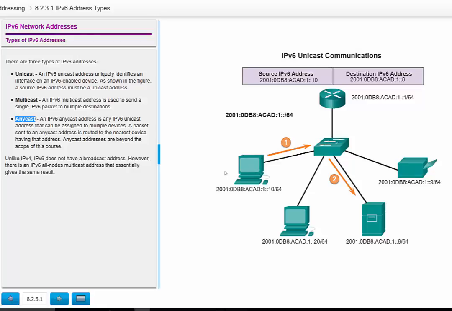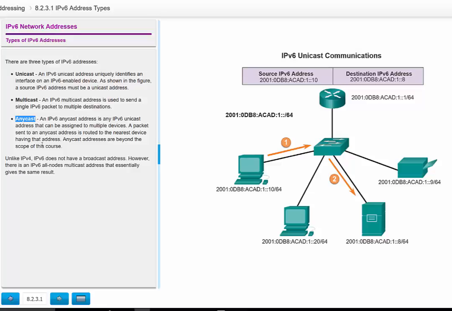So in that case, it uses an anycast address to request printing something on any printer on the network, and the router will have to check which printer is the closest and send the packet to it.